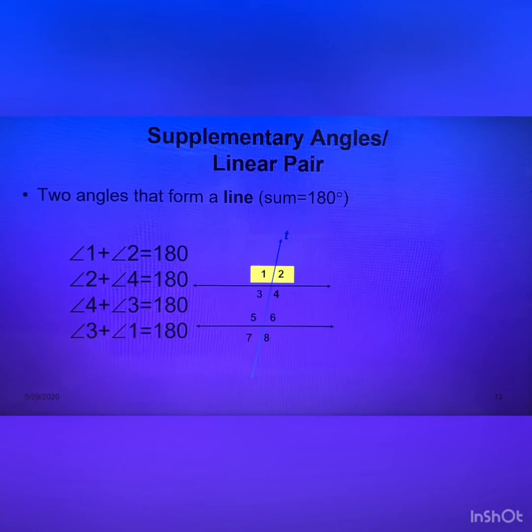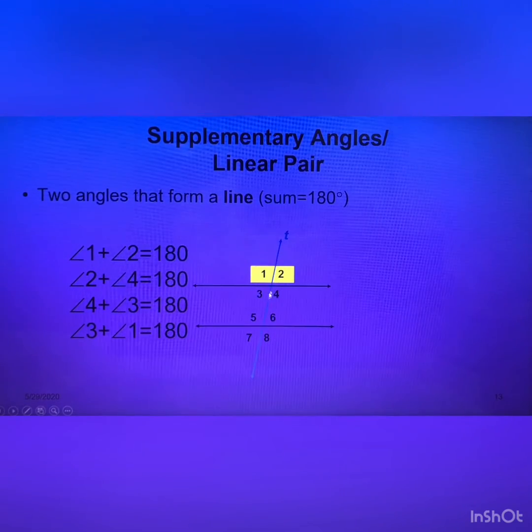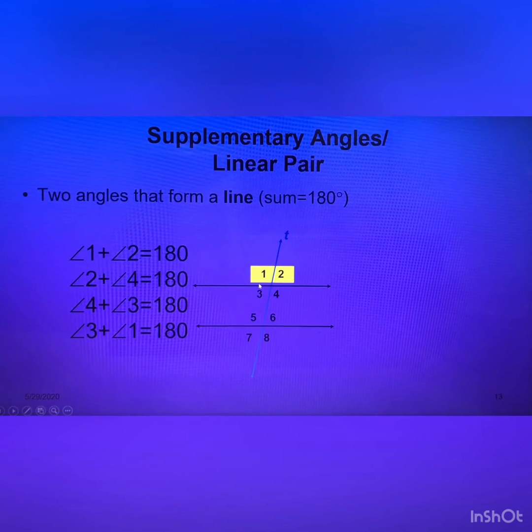About angle 3 and angle 1, this is once again a linear pair, because this is a line and a ray just stands on this line. So angle 1 and angle 3 are known as a linear pair or supplementary angles.